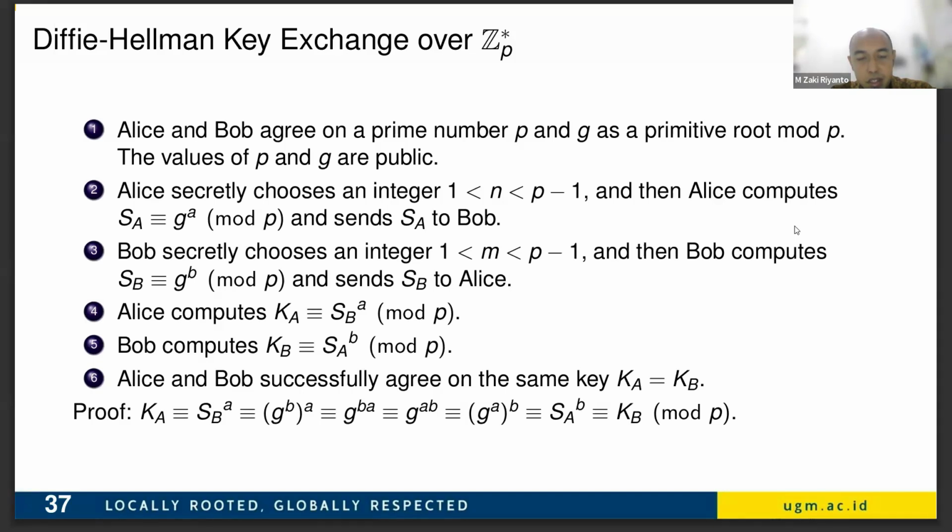Alice chooses an integer, which is secret. Sorry, this is not n, but A. Alice secretly chooses an integer A and computes SA, and Alice sends SA to Bob.